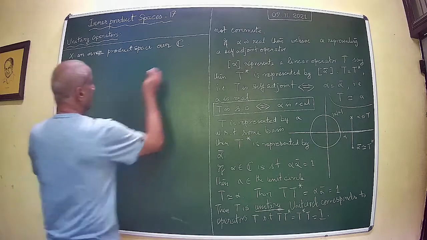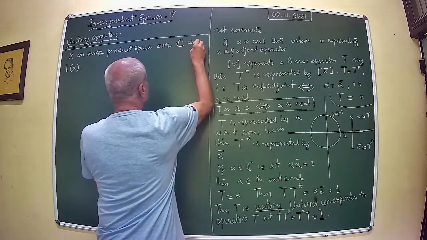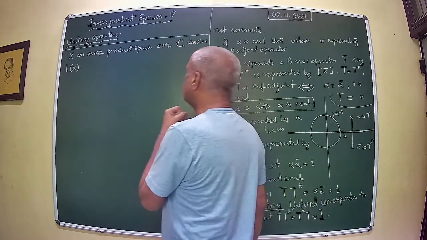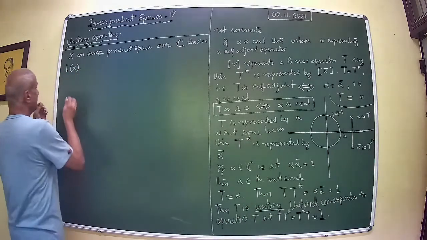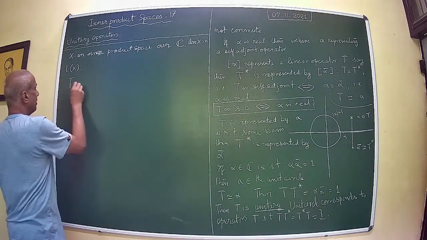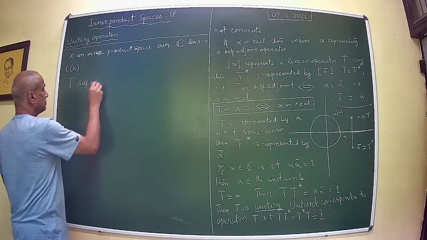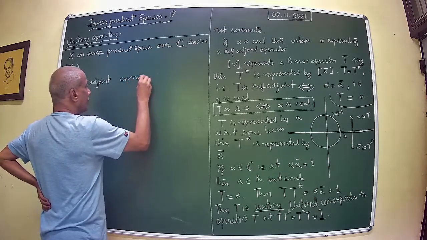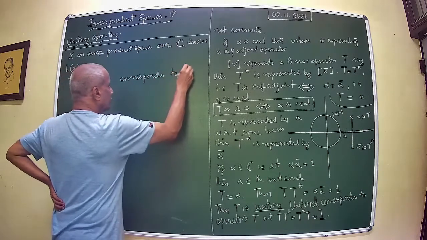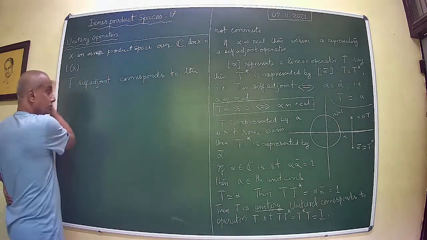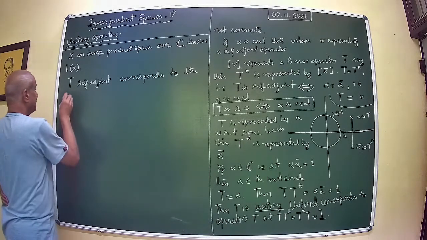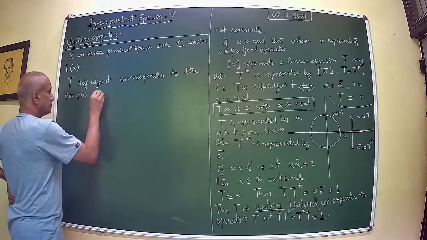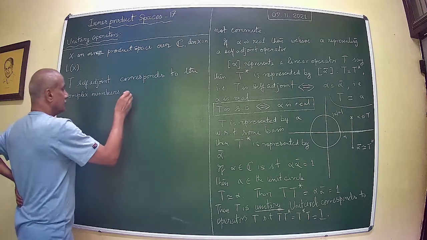So we take the dimension of X. Now we see that T is self-adjoint, which corresponds to the complex numbers which are real.